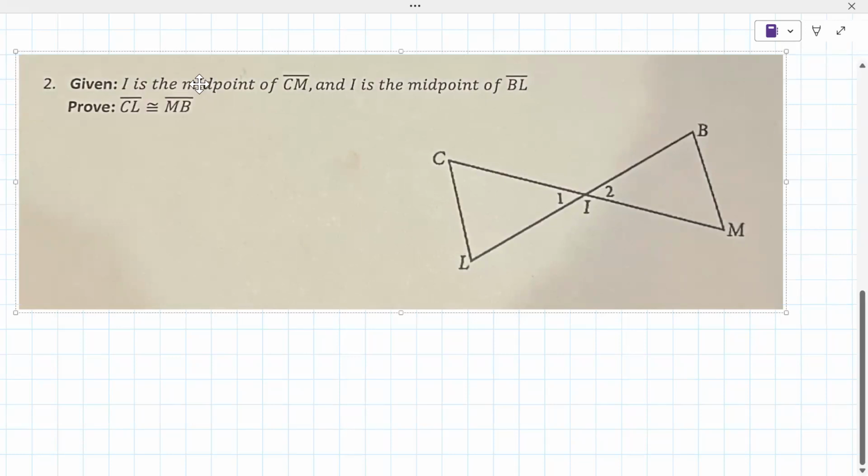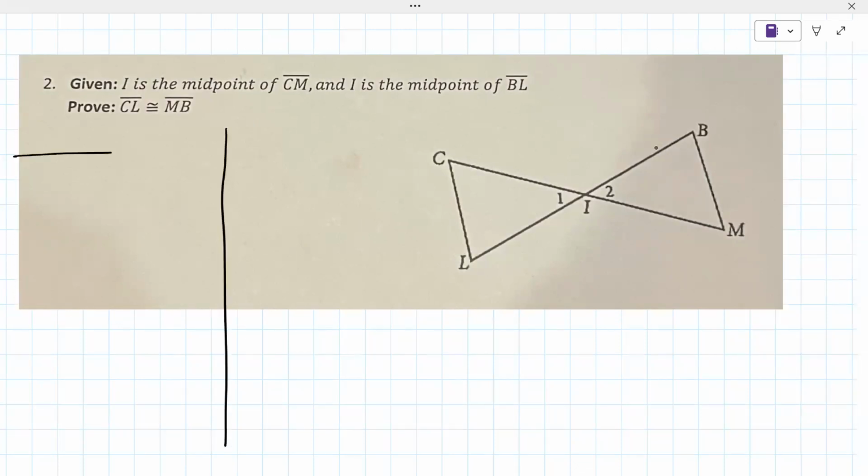You have to first prove that the triangles are congruent. Your goal in this statement-reason proof is to prove the triangles congruent. Then you can use CPCTC to prove that the sides are congruent.